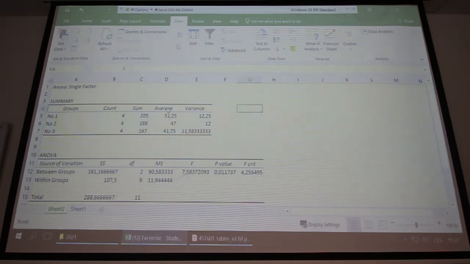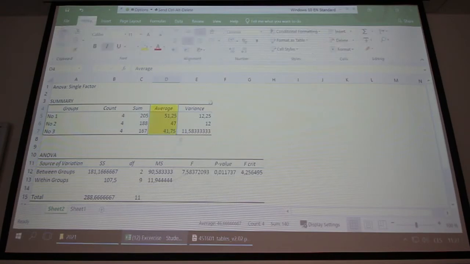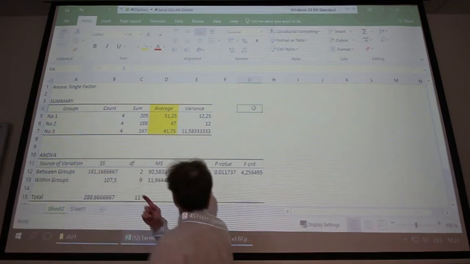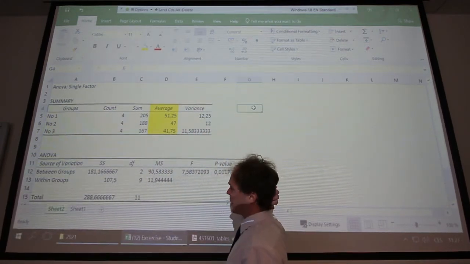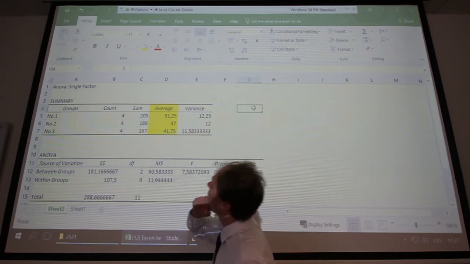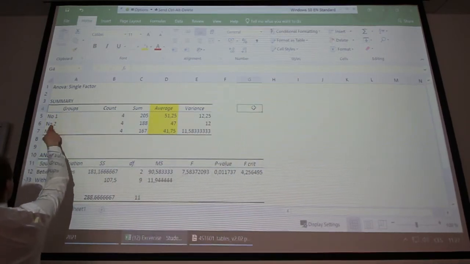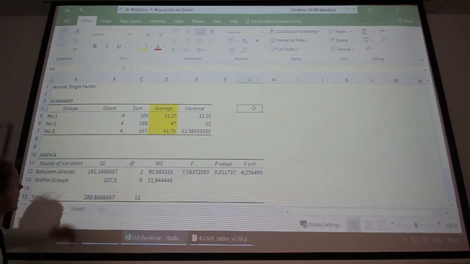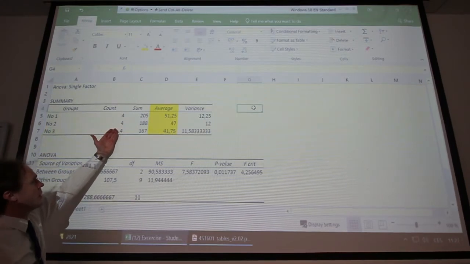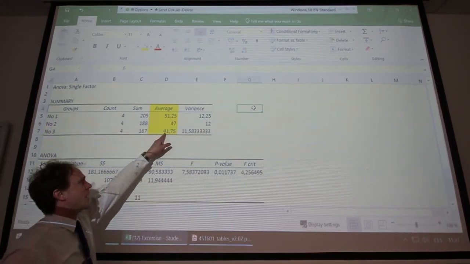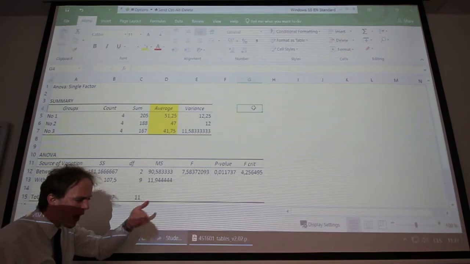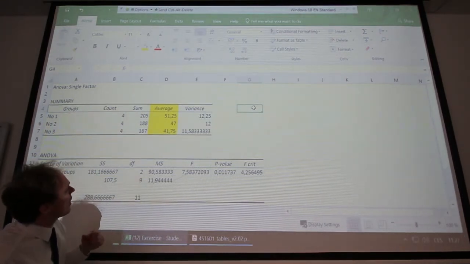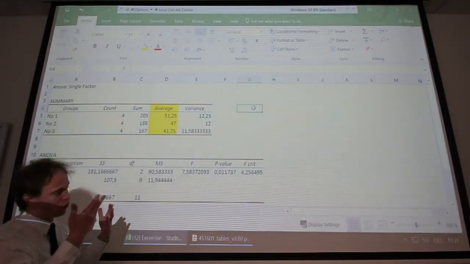Okay. So maybe if you remember how we solved this example many weeks ago, you can find here individual averages, for example here in the summary table. Group number 1, number 2, number 3, 4 students in each group, and we calculated individual averages for each teacher.